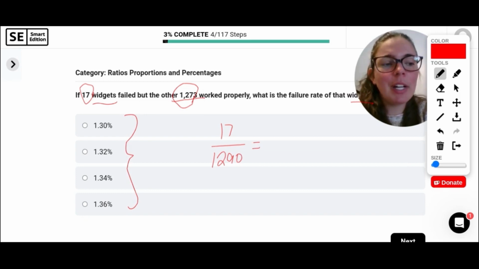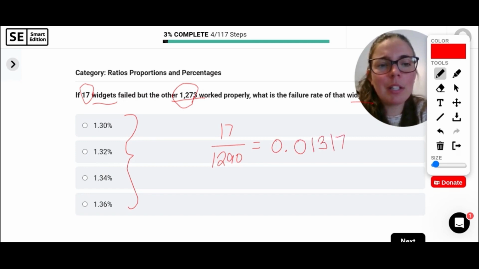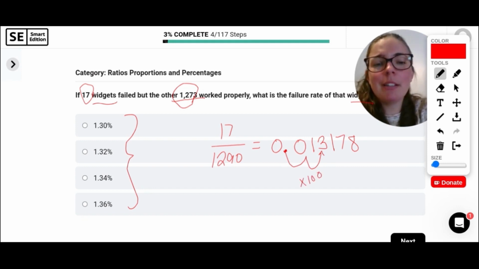So when I divide this, plug it right in your calculator, you'll get 0.0131778. Now, to turn this into a percent means out of 100. So we need to essentially multiply by 100, which is the same thing as swooping to the right twice. So our answer here would be 1.31778%.